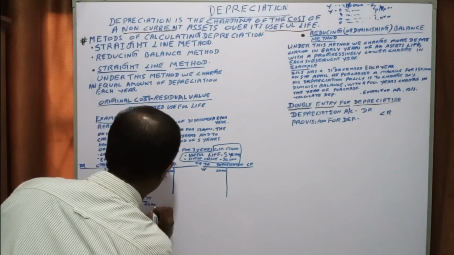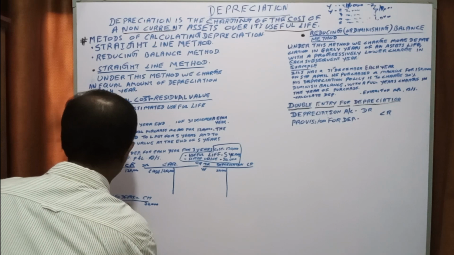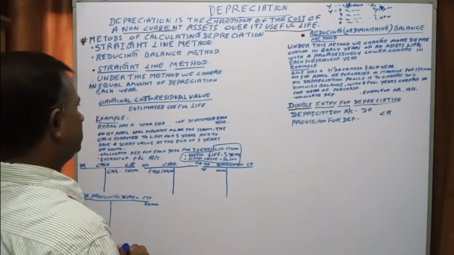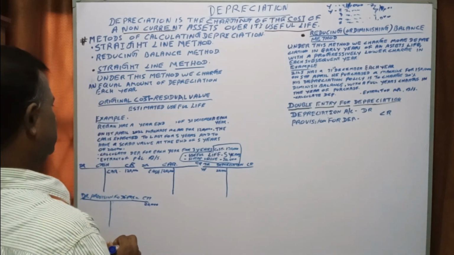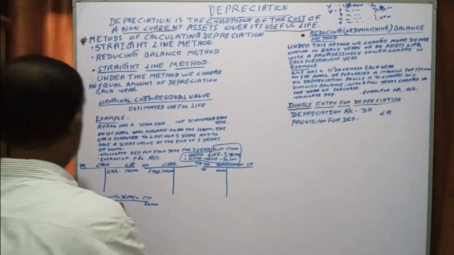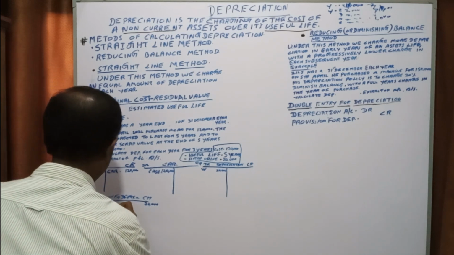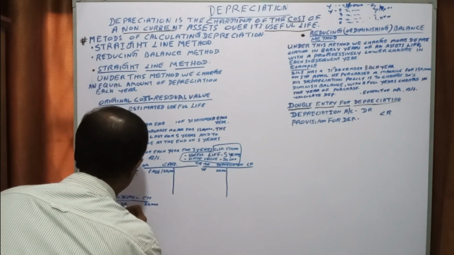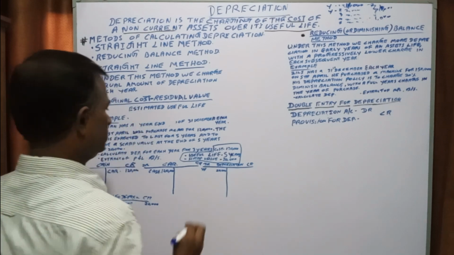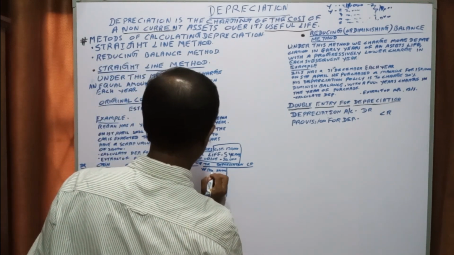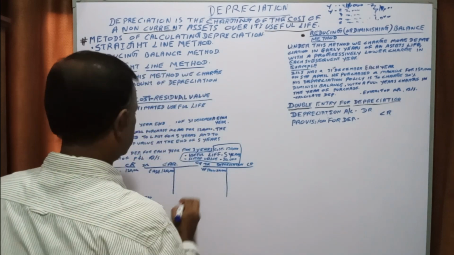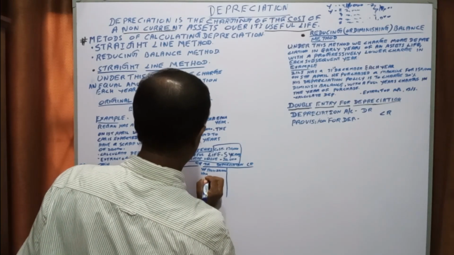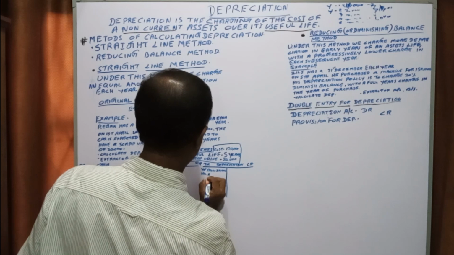Okay, for year 1, 31st December. Okay, this is depreciation. This is provision for depreciation. Here, year 2 on 31st December, this one also provision.